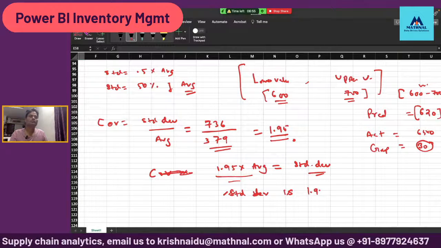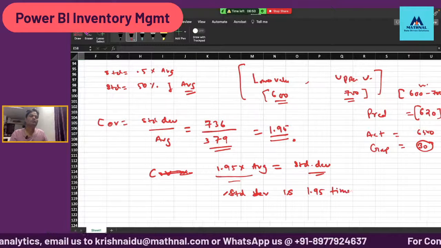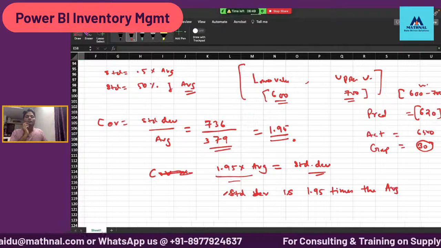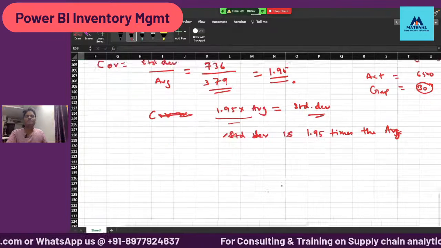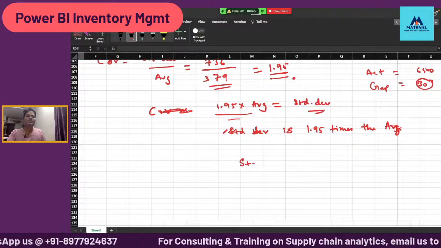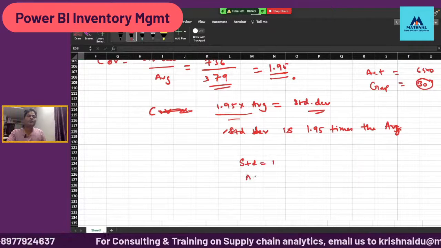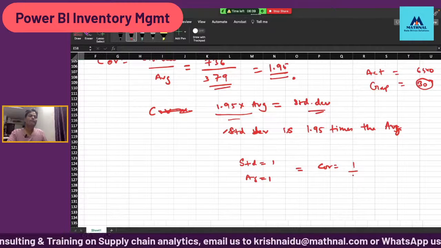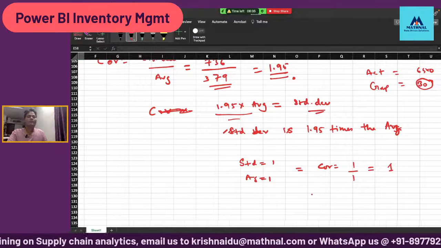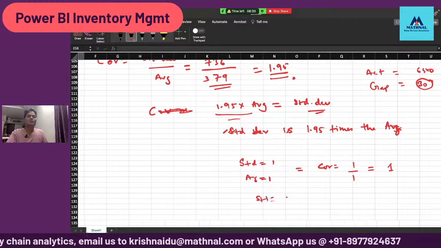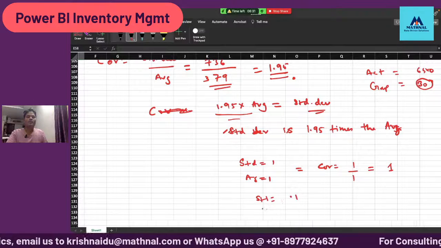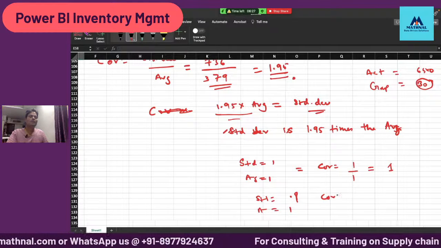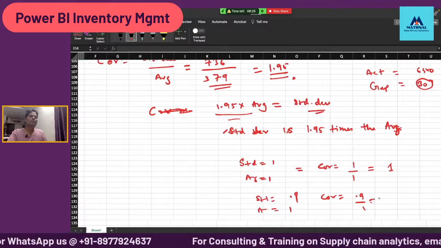So what should be the perfect scenario if the standard deviation is less than the average? Suppose standard deviation is equal to 1 and average is equal to 1. Now what is COV? 1 by 1, that is 1. If standard deviation is 0.9 and average is 1, then what is COV? 0.9 by 1, that is equal to 0.9.